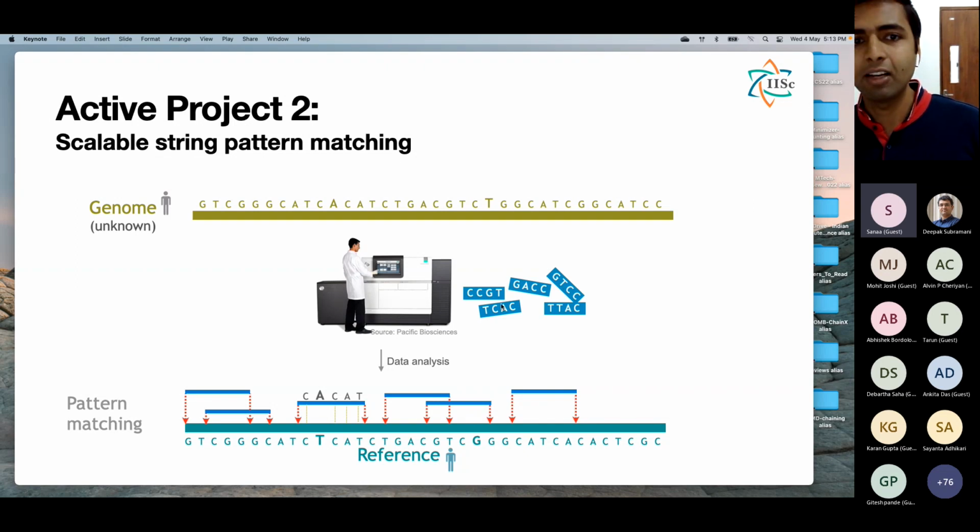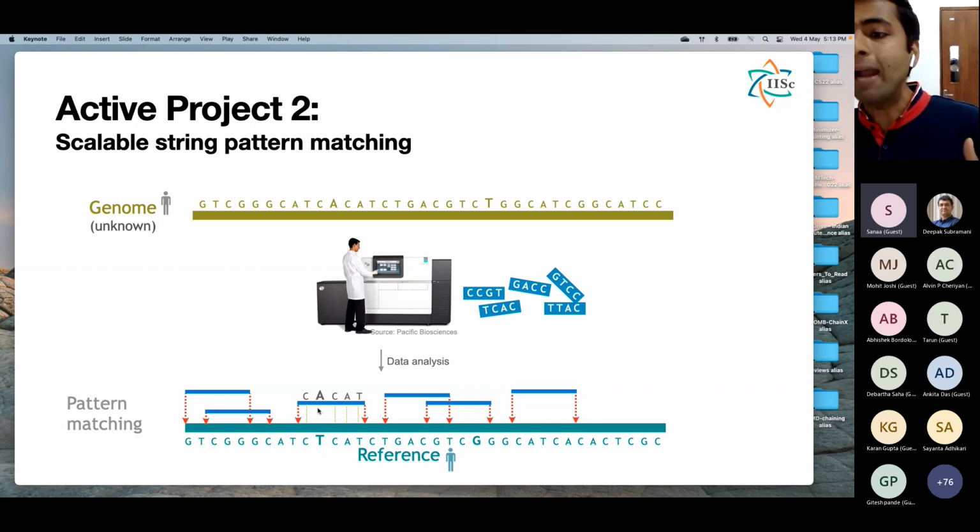But sometimes in some problem categories, we can also use a reference template. For example, if I'm sequencing a human genome of my relative, maybe there is a human genome already sequenced and known to us, where we can map those fragments that I just sequenced to the template and know the differences in the sequenced genome with respect to the reference.